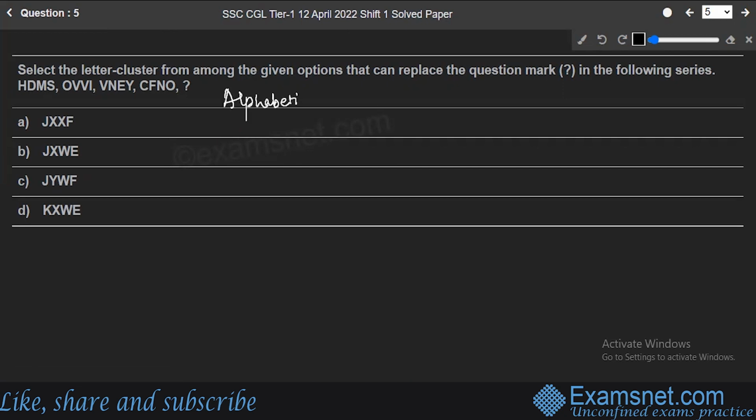Alphabetical place value table. So this table is your lifesaver. We'll be using this table in a couple of questions we'll be doing today.